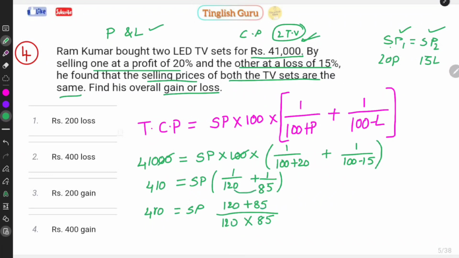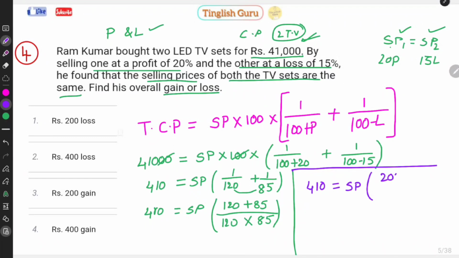So you understood now, this into this will be the LCM and the numerator is this plus this, 120 plus 85. So 410 is equal to SP into, in the numerator it is 205, 120 plus 85, in the denominator 120 into 85. So 205 table, 205 ones, 205 twos. So finally our SP will become 120 into 85 into 2.